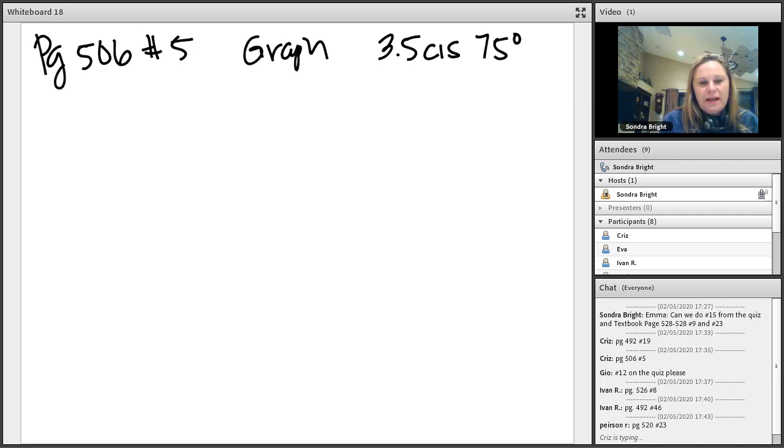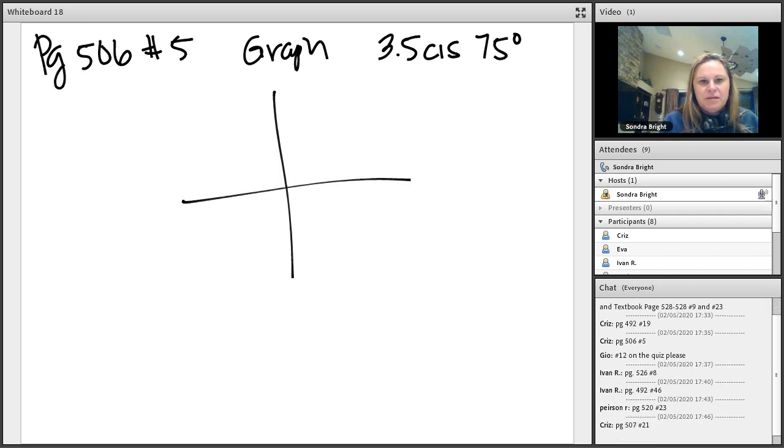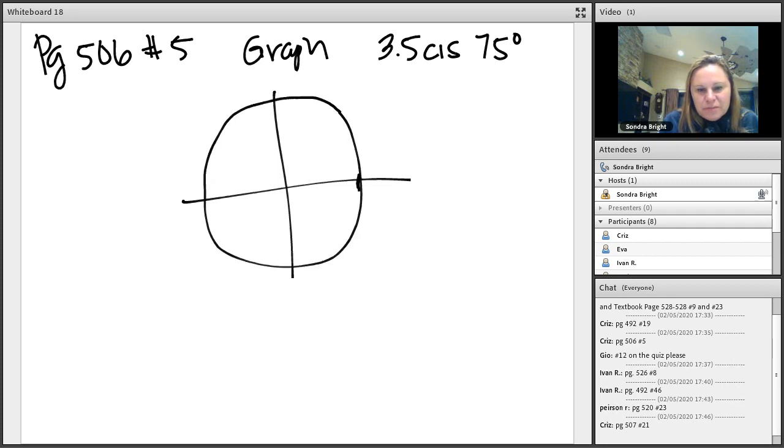So you're going to have a polar graph. I'll say this is a circle of radius 3.5, so I'll mark on here, this is 3.5. That's your r. These are 3.5 units out, and then 75 degrees would be about there.